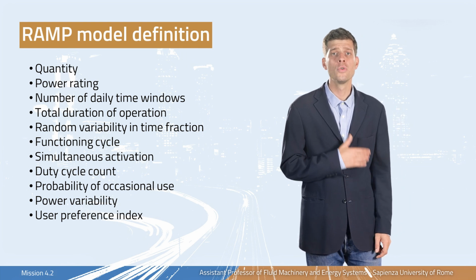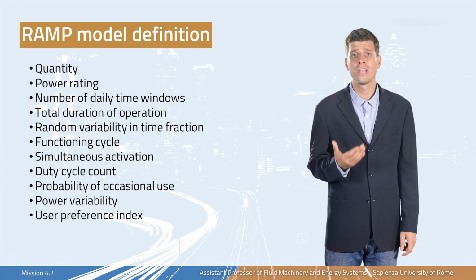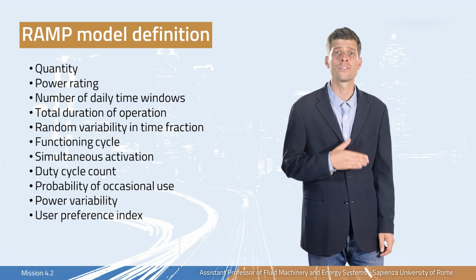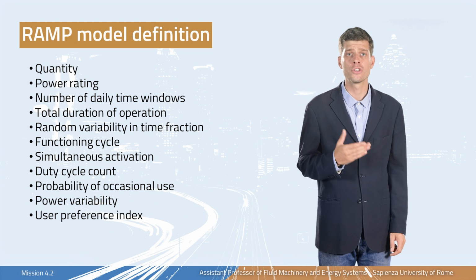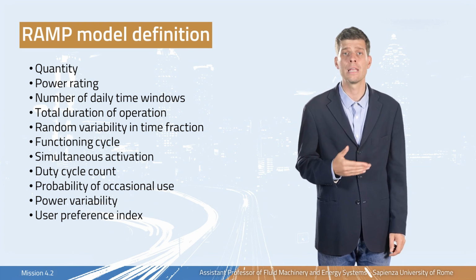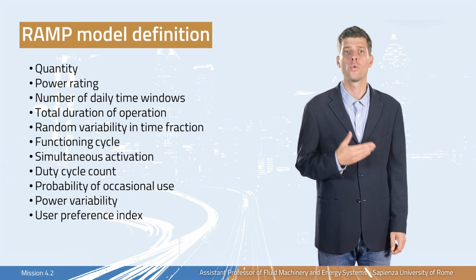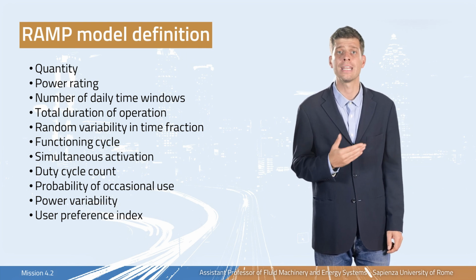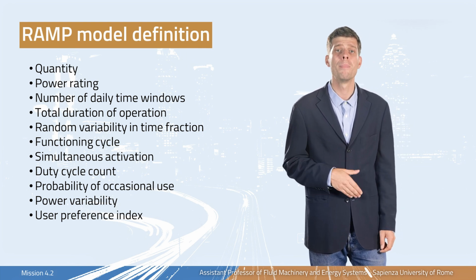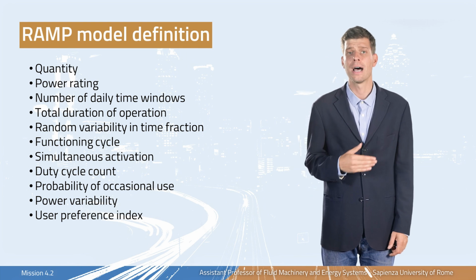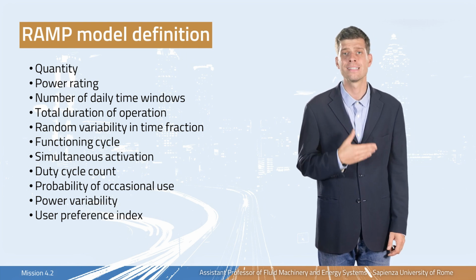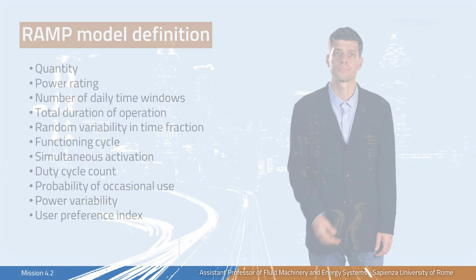And lastly, the user preference index considers the preference index for associating appliance usage with random user daily preference behavior. This parameter specifies which appliances can be used in each daily simulation based on the number of users, addressing complex modeling situations in the sector.